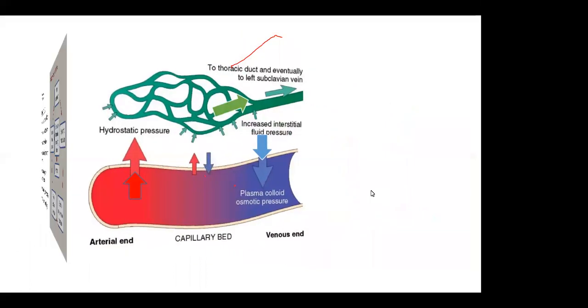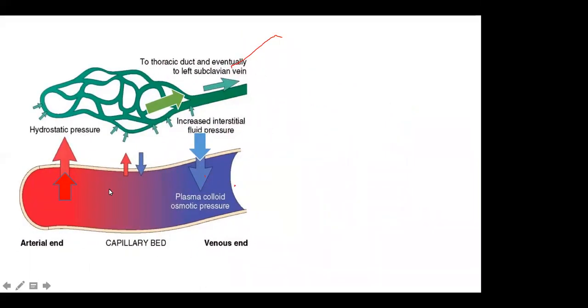If you just look at this simple capillary bed, this is the arterial end, and this is the venous end, and this is the lymphatic with the thoracic duct that ends on the left subclavian vein. At the arterial end, as we know, there is increased hydrostatic pressure.